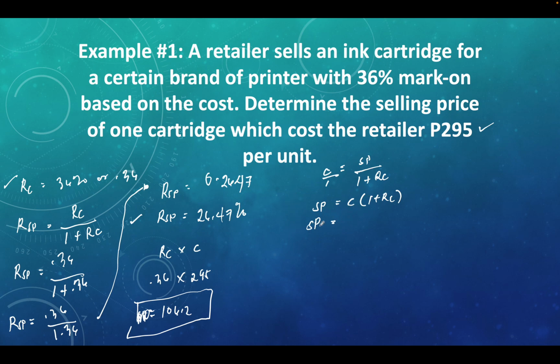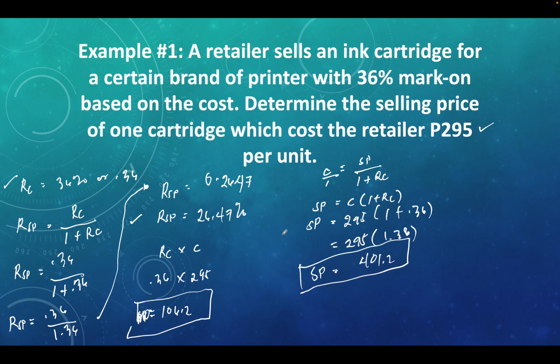So, yung cost natin is 295 times 1 plus yung rate based on cost, 0.36. So, 295 times 1.36. Multiply natin siya. We will have 401.2. Okay, so this is the selling price.